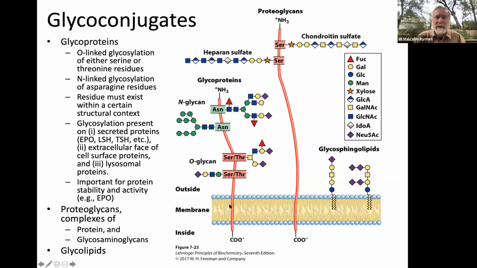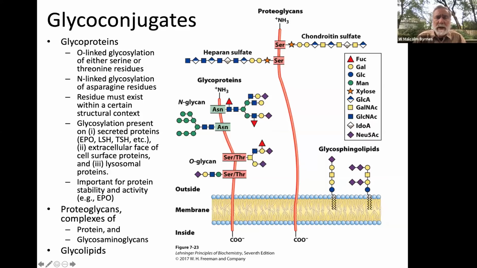So here's a glycoprotein on the outside of the cell. It has a transmembrane segment, and then it's got an O-linked glycan structure here, another one here, where this one is linear, that's branched. You see the composition, right?